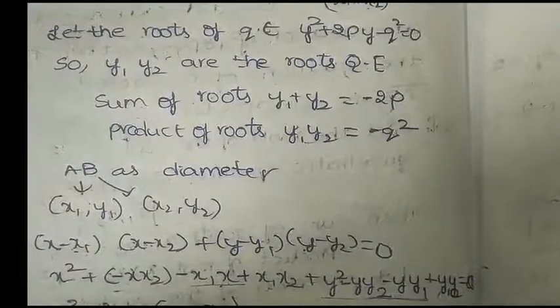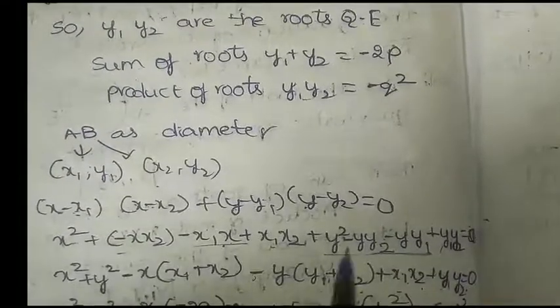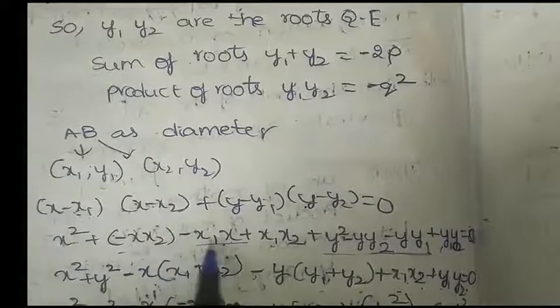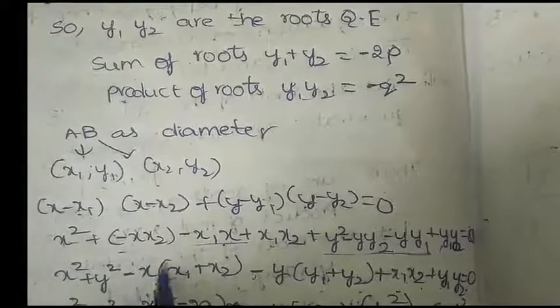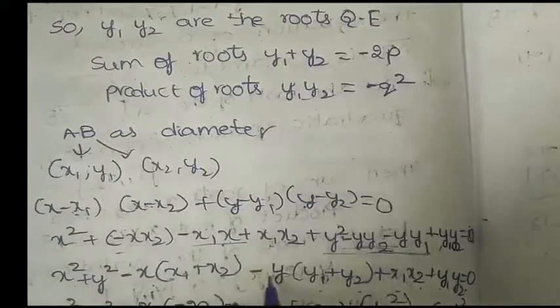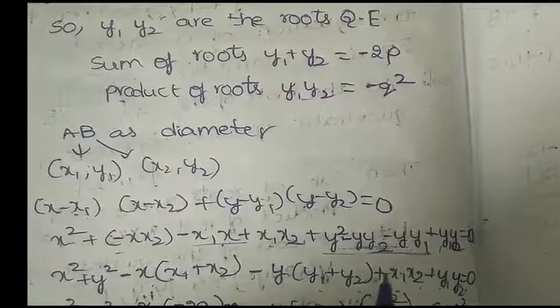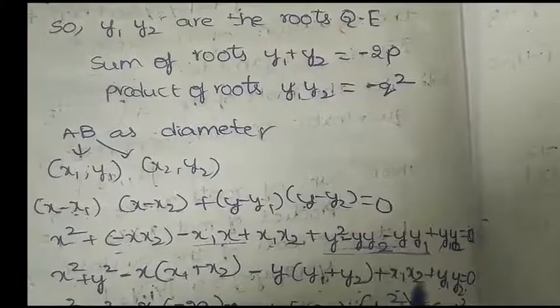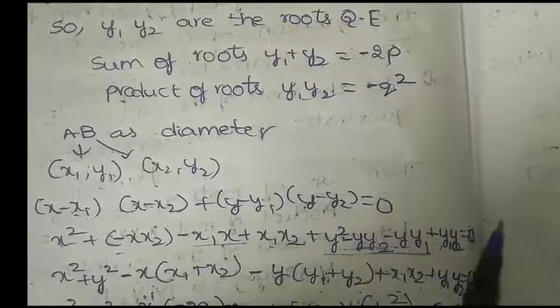is equal to 0. Now x square plus y square, taking x common, minus x into x1 plus x2, and taking y common, minus y into y1 plus y2, plus x1 x2 plus y1 y2 is equal to 0.